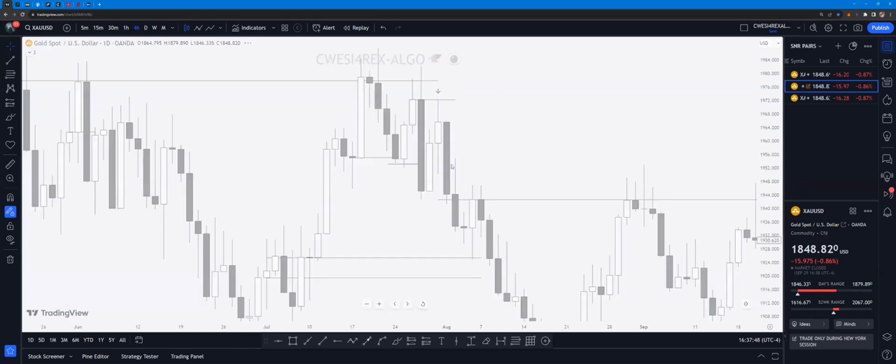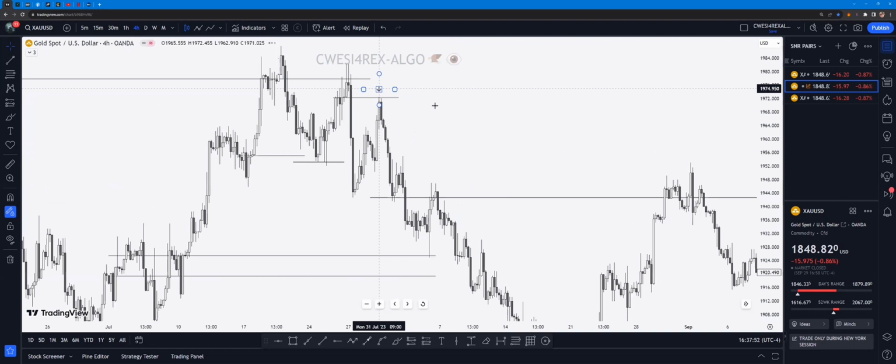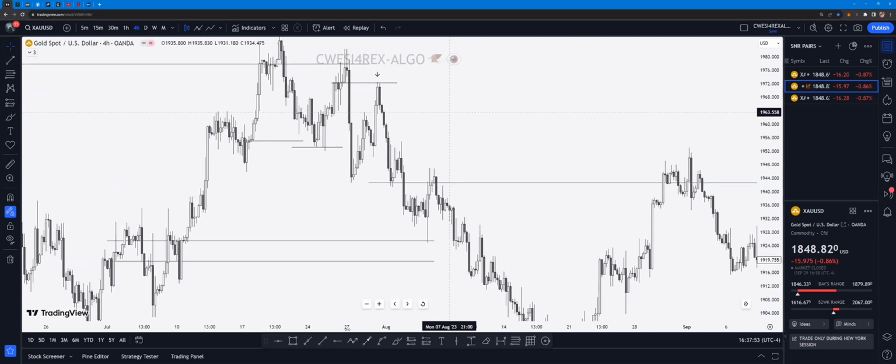We need H4 breakouts. In the H4, you can see we have this breakout over here. So we start looking for a pullback and we'll make our entry over here. So daily reject daily, in H4 we need a breakout, pullback, entry.